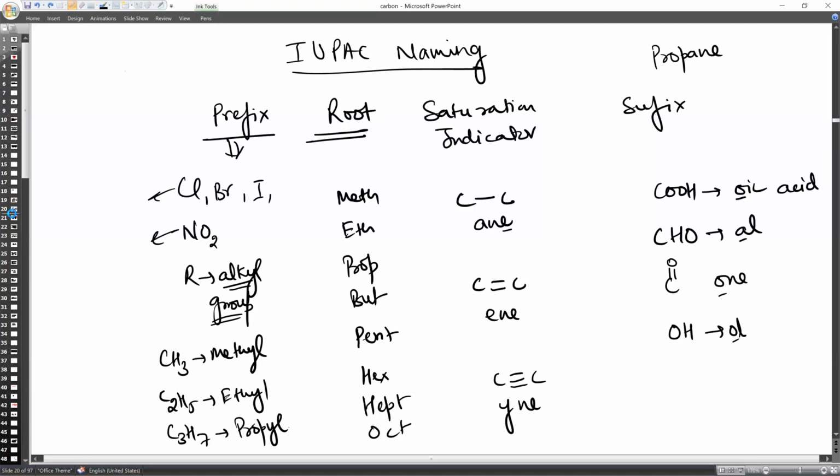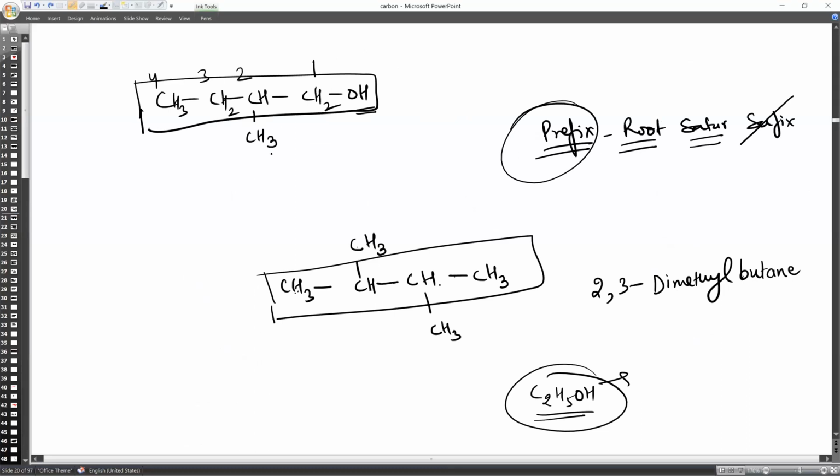Here we have a branch. So first of all, its name should be written, and first we write its position. So at 2 position we have methyl, 2-methyl. It's not necessary to write the capital letter, you can write it small also. Got it?